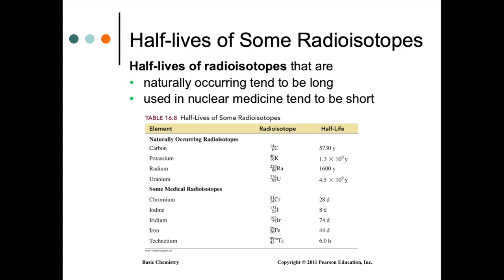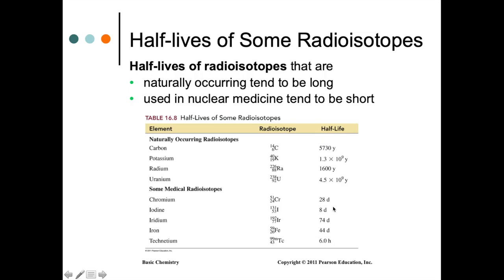Now I mentioned that half-lives are different for different isotopes. So you can get some really long half-lives. You can see here we're dealing with a scale of thousands and billions of years. Over here we have isotopes with half-lives of hours and days, so much, much shorter.